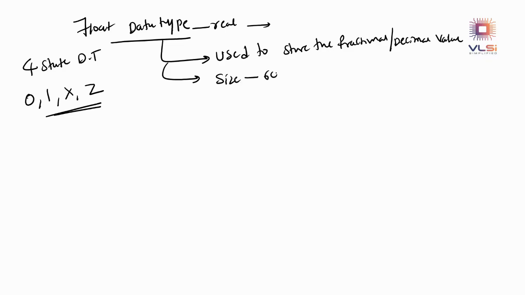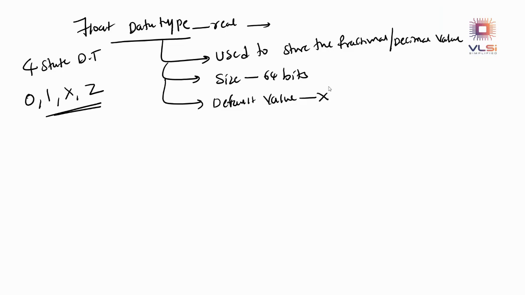This is 64 bits, and the default value is x. You can remember that for the net data type the default value is high impedance, that is z, and for the remaining, like the reg data type, float data type and integer data type, the default values are x. You can remember it like that.